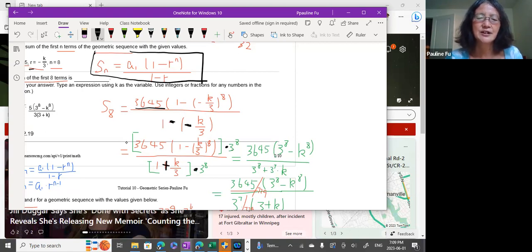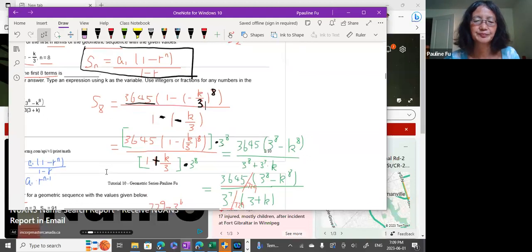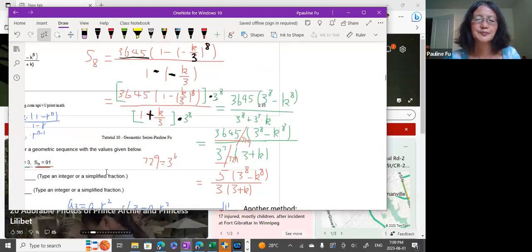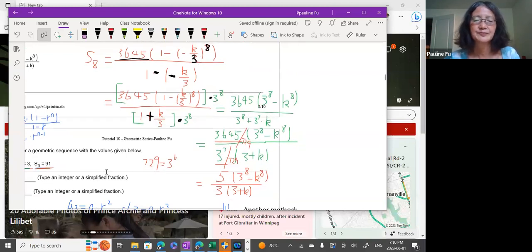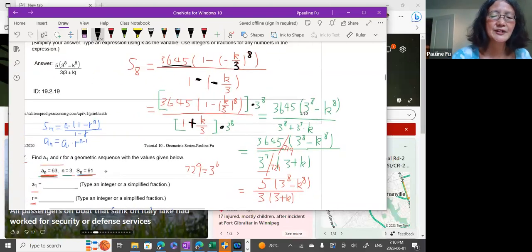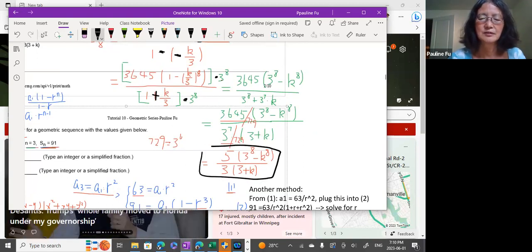The reason is you want to get rid of this 3 raised to power 8, to simplify. So the rest of the work is just simplify. The final result, I gave you the answer. This is the final result.